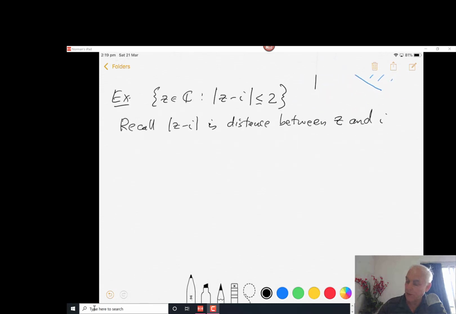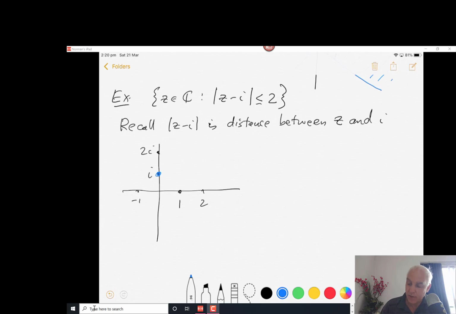Well, that's going to be a circle. Okay, so here is 1, here is I, 2, minus 1, 2I, etc. Then we are looking at all the points centered here, which are less than or equal to a distance of 2 from there.